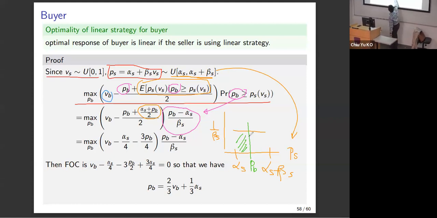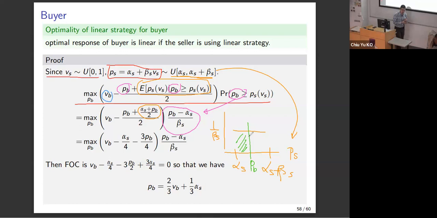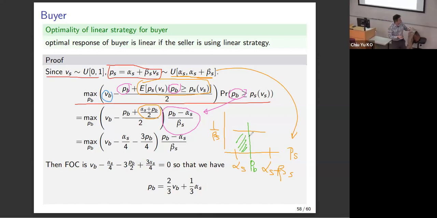So it turns out that this is a parabola, a quadratic equation. So you can have a maximum, and the second order condition will be satisfied, because it's negative. You can solve it, and it turns out to be linear. This is a rather standard way to solve it. If the other guy is also linear, you do linear.